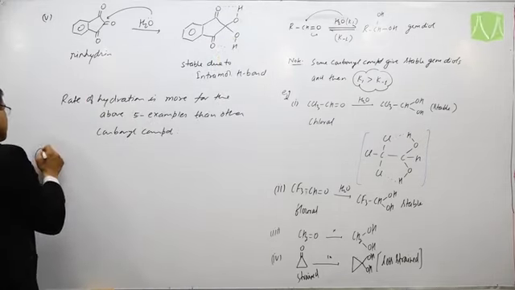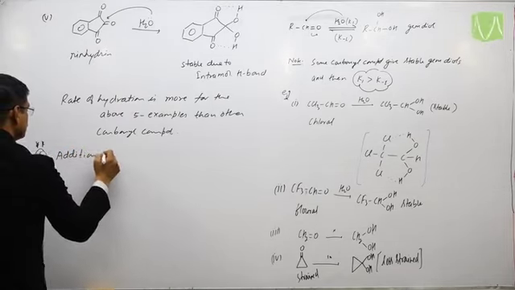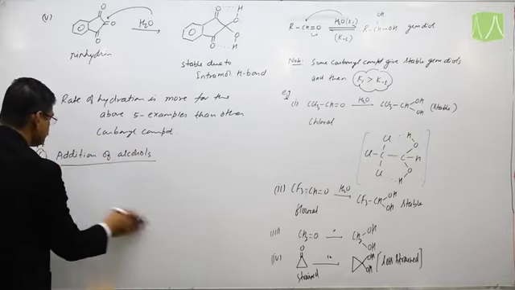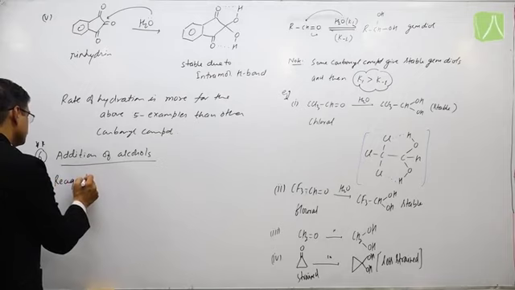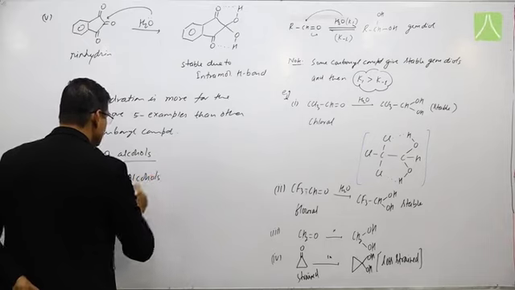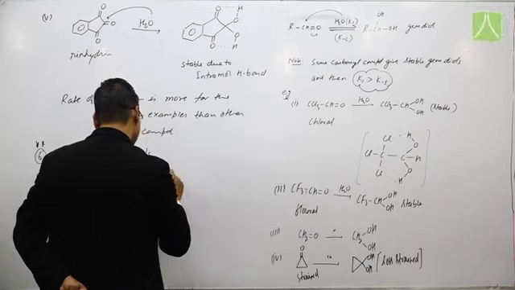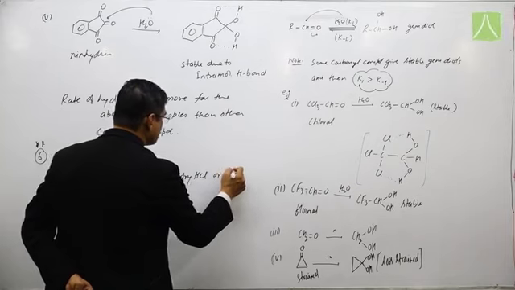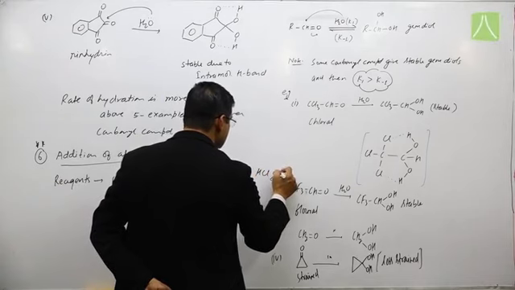Now the next addition is very important: addition of alcohol. Reagents are alcohols plus dry HCl or H plus, or HCl gas.